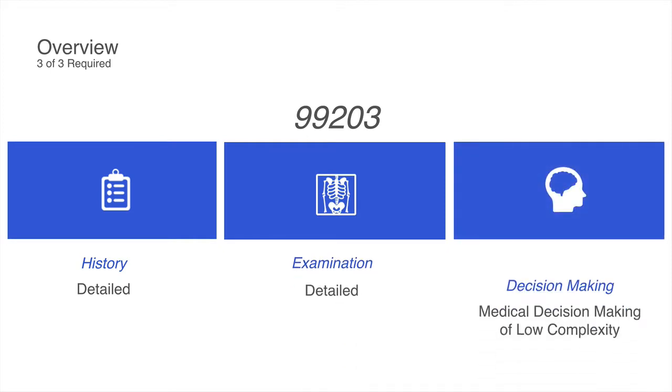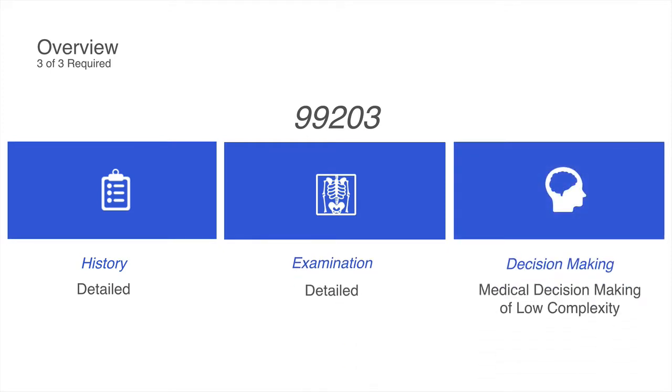And the overview again is that we had detailed history, detailed examination, and medical decision making of a low complexity are the components to make up a 99203 detailed new patient exam. And these components need to be present in the documentation in order to qualify for billing the 99203 code.